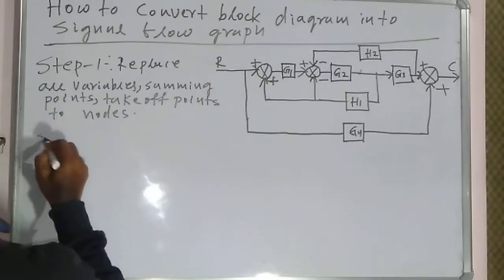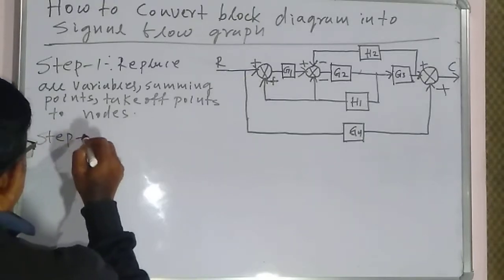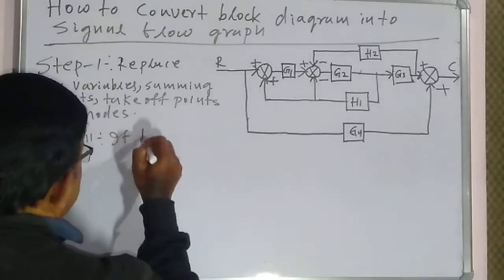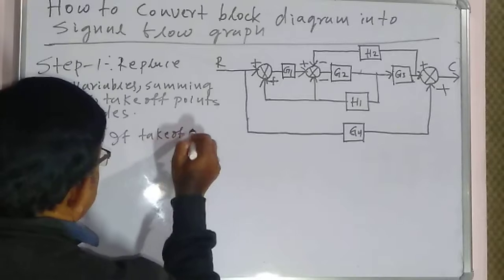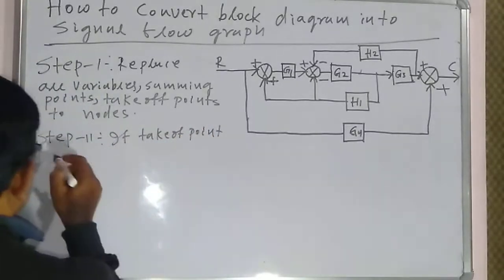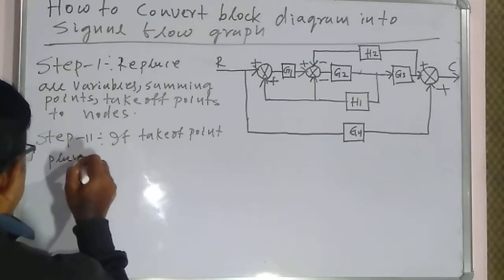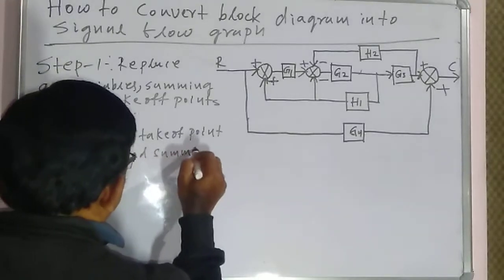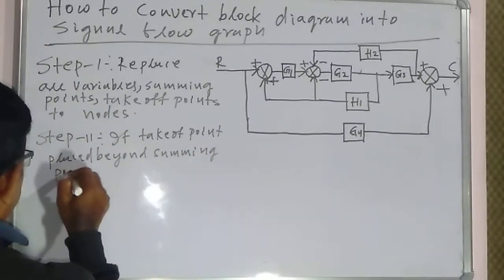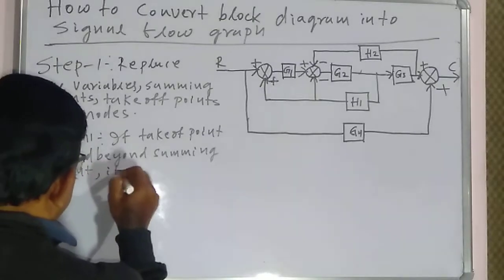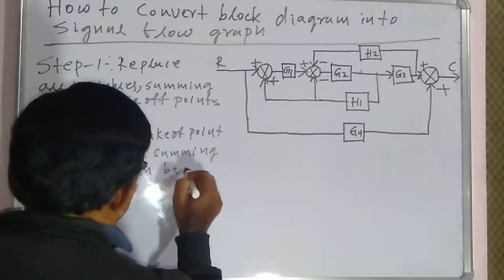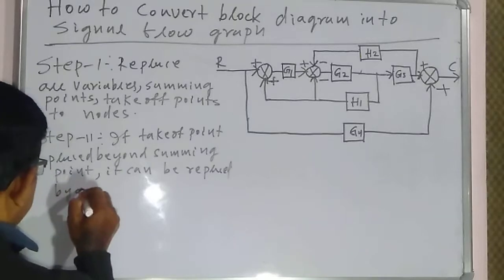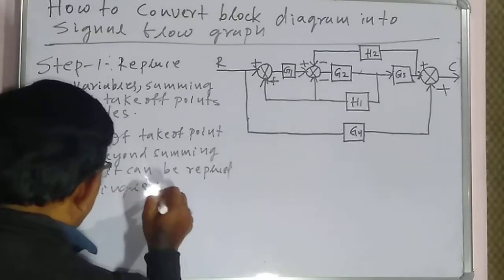So step 2: if a takeoff point is placed beyond a summing point, it can be replaced by a single node.